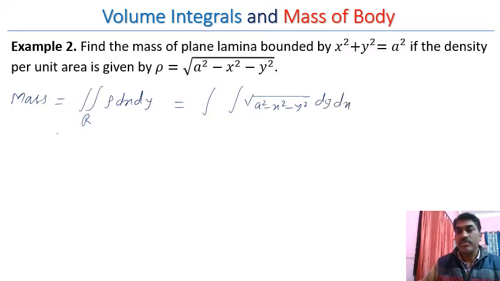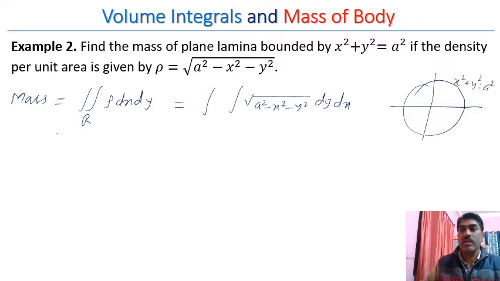Because this is the circle x square plus y square is equal to a square, x varies from minus a to a.